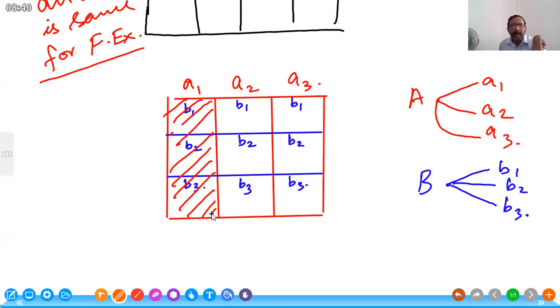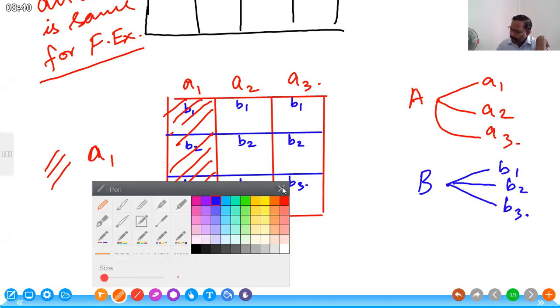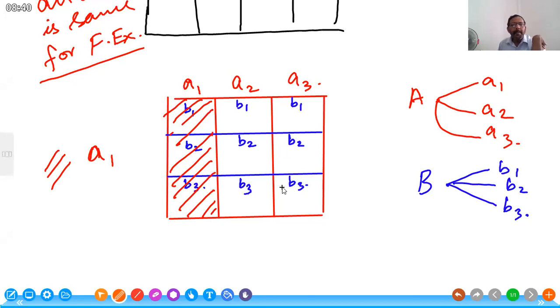Now tell me, what is the plot of B1? Plot of B1 or B2 or B3, all are the same. So this is the plot of B1.